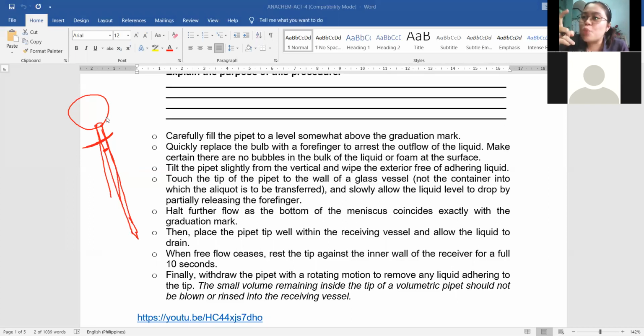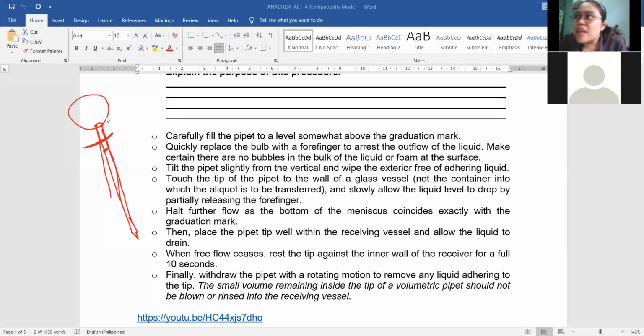So the purpose why we replace the bulb with our finger is to stop the flow of the liquid inside. Kasi kung bulb lang talaga yun ang naka-attach sa pipette natin, mababaliwala lang din yung kinuha natin na liquid kasi mag-flow lang siya outside. So make certain that there are no bubbles in the bulk of the liquid or foam at the surface.